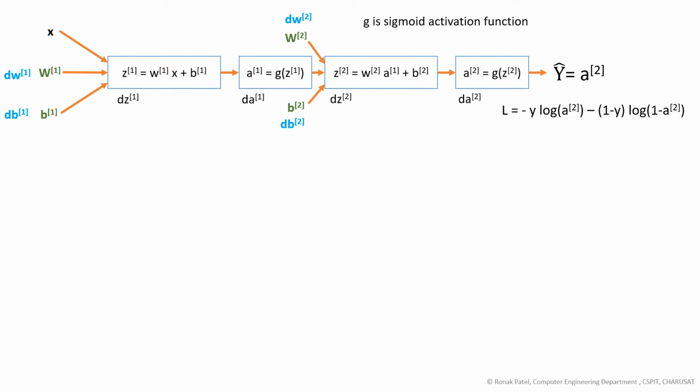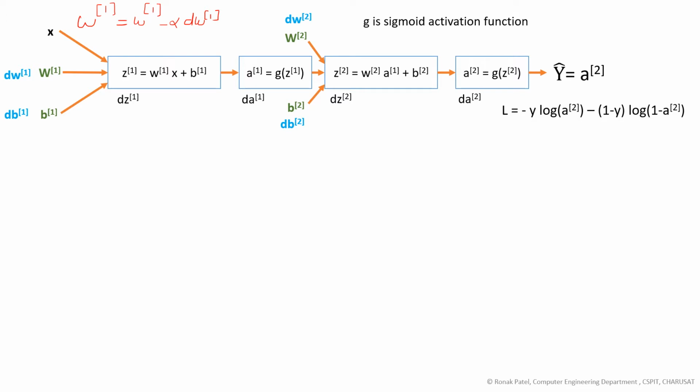If I write it for W1, then the new W1 is equivalent to the old W1 minus alpha times dW1, right? This way we update the weights, and the same way we update B1, W2 and B2.